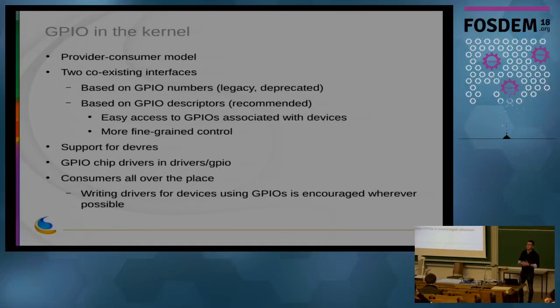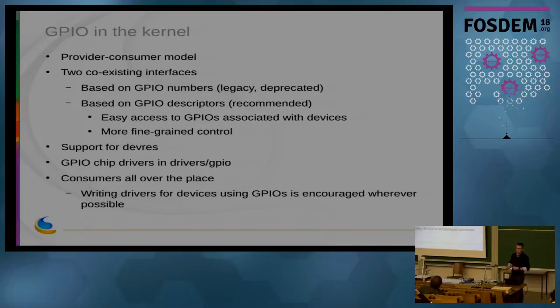And this model of a provider and a consumer is reflected in the kernel. In the kernel we currently have two frameworks for GPIOs. One is a legacy framework that is deprecated, which uses a continuous GPIO number space, where every GPIO line has a unique number assigned in the kernel. This is no longer accepted.